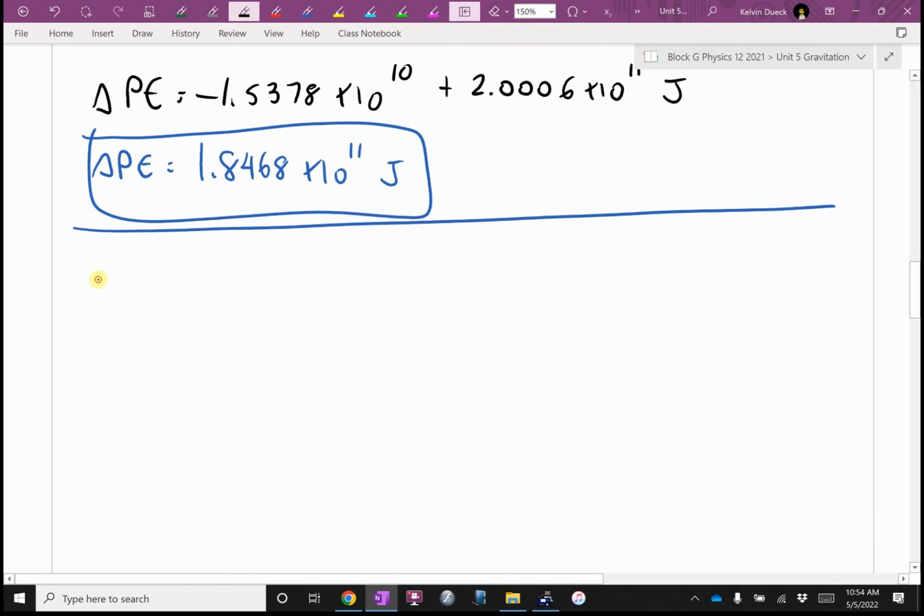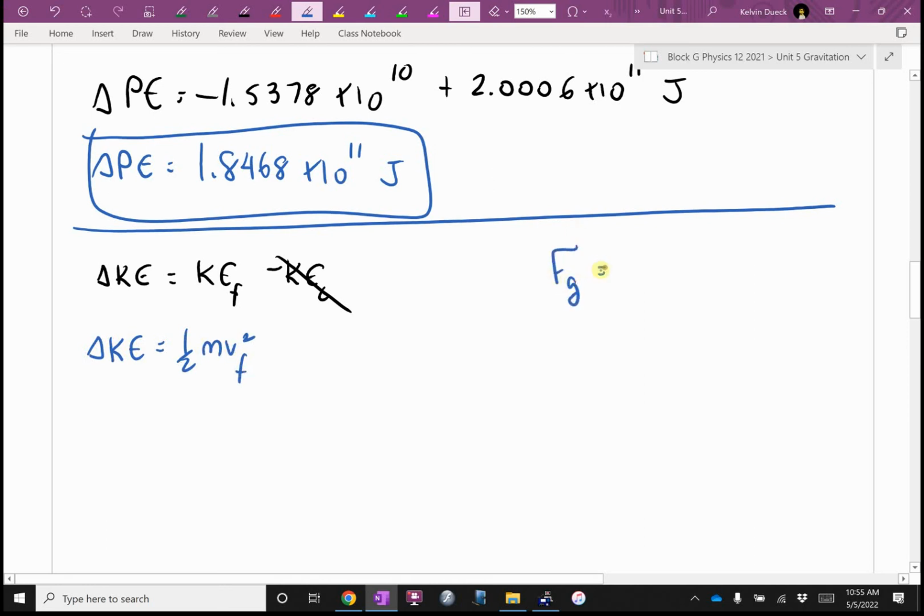I now want to find the change in kinetic energy, which is going to be kinetic energy final minus kinetic energy initial. No, we're launching from the North Pole. Problem. The change in kinetic energy is going to be equal to a half m v final squared. I don't know v final squared, but I can say gravity is what's pulling me in a circle.